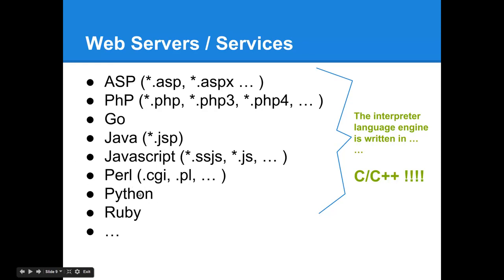The interpreter engines for these are written in C or C++, and thus are subject to interpreted language exploits that occur when memory corruption results from the incorrect implementation of the language's interpretation.